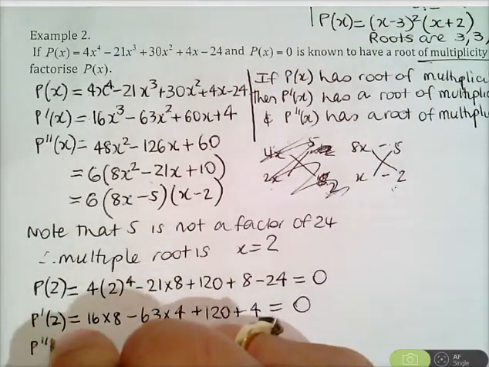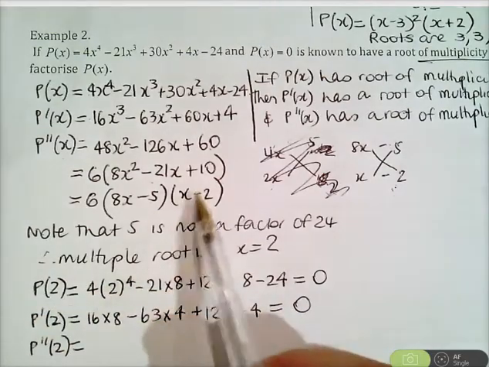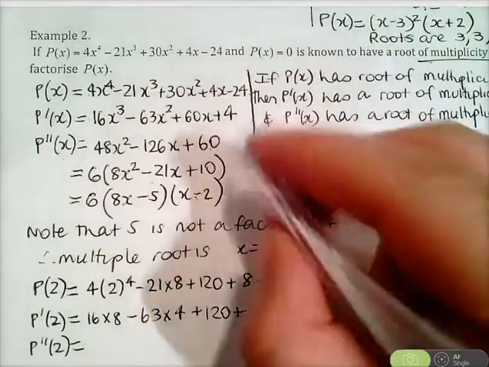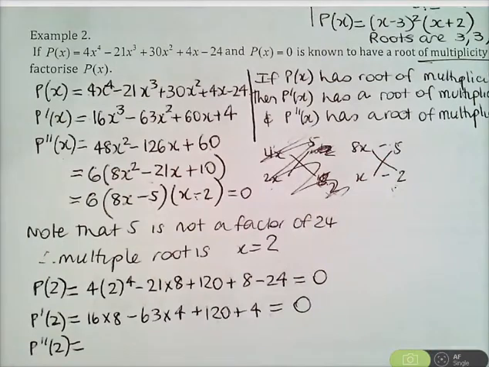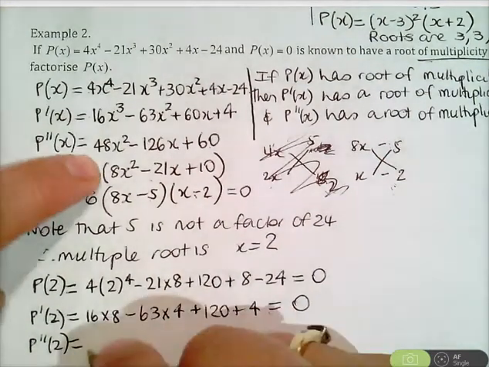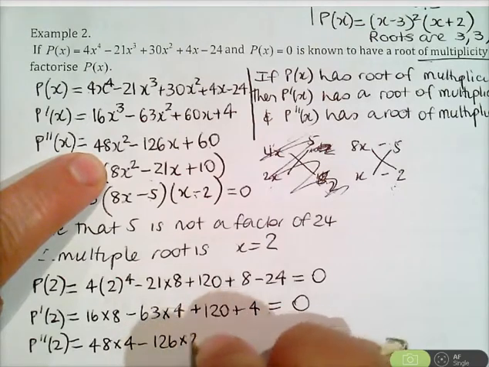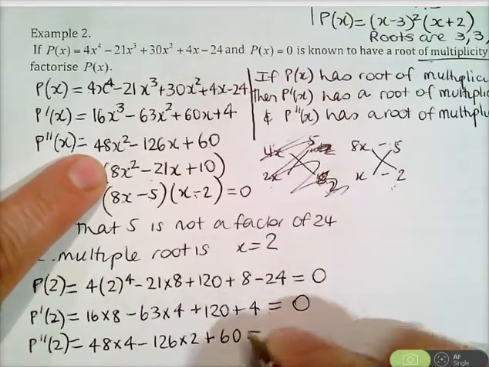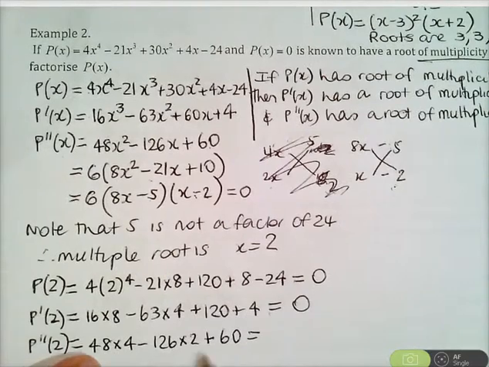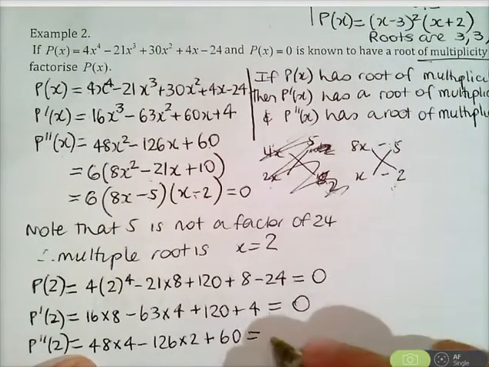We know that p of 2 is going to equal 0 as well, because it was a solution when we put it equal to 0. Okay, but just doing it anyway, I get 48 times 4 minus 126 times 2 plus 60. Calculating that out on a calculator, I get 0 as well.